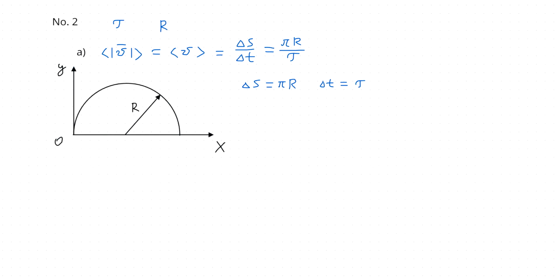In the next part, it is necessary to find the modulus of the average vector of velocity. So in part B, the modulus of the average vector of velocity.